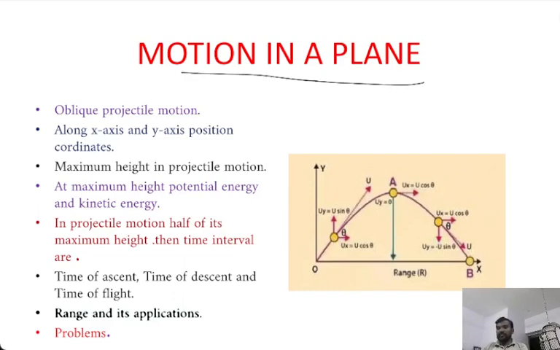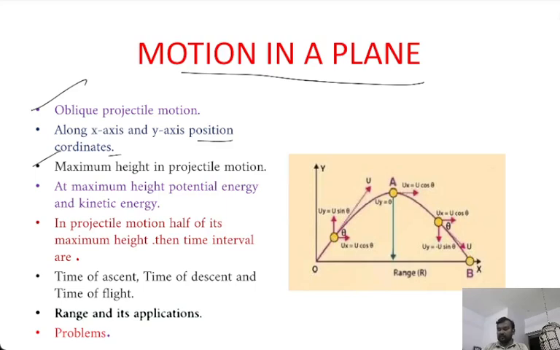In motion in a plane, my subtopic is oblique projectile motion. In oblique projectile motion, we find the coordinates and positions along the x-axis and y-axis, and the maximum height.